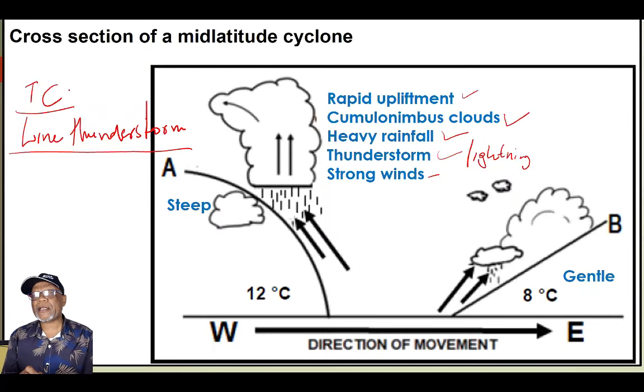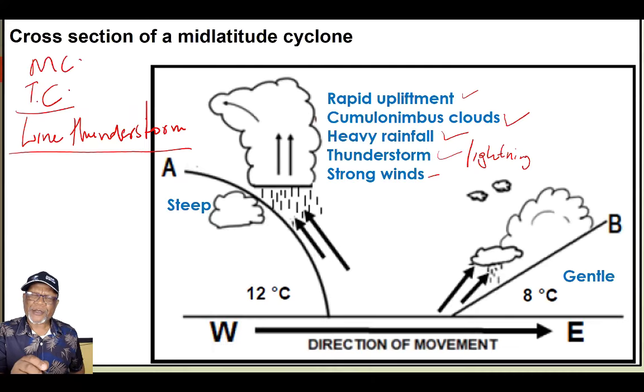That is what I also emphasized in our previous lesson. In our previous lesson, I said we have three systems or three weather phenomena that have cumulonimbus clouds. Number one is a mid-latitude cyclone, which we have here, the tropical cyclone and the line thunderstorm.